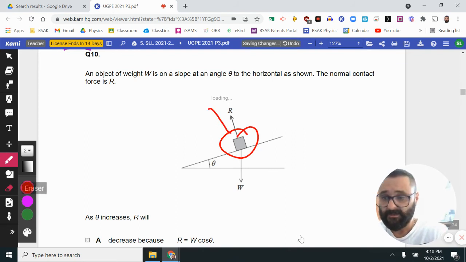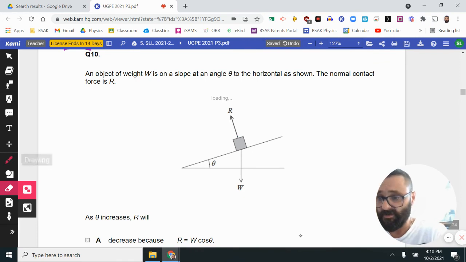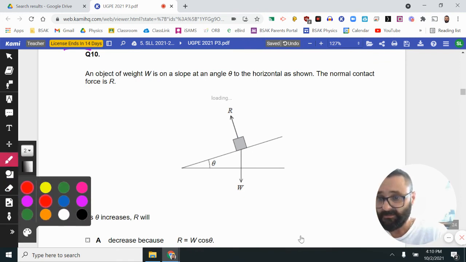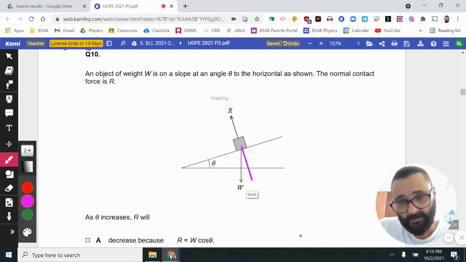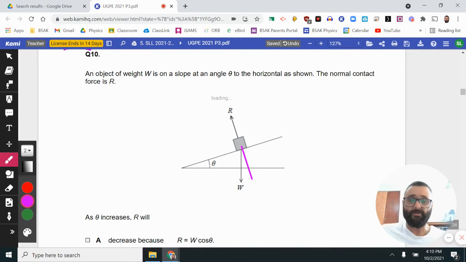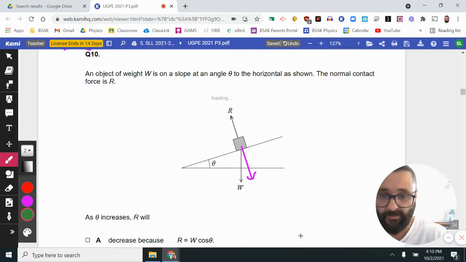It's always in contact with the slope, so that means that this component of weight is equal to R. Now, if that angle there is theta, that angle there is theta.